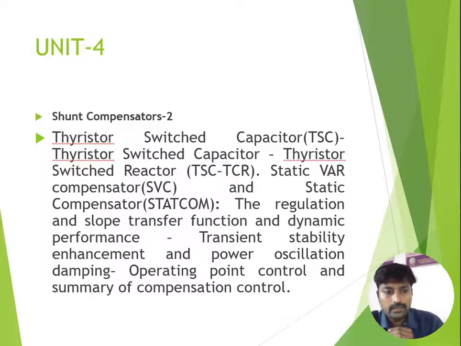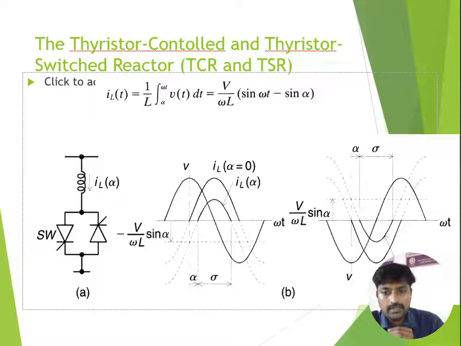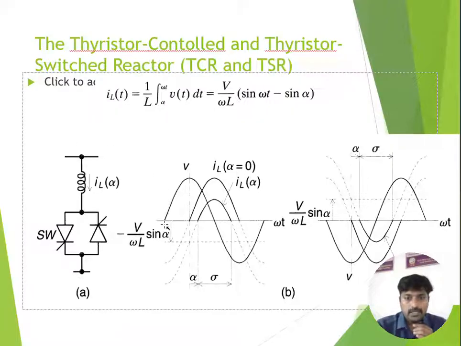You see first, elaborately, these are the thyristor controlled and thyristor switched reactors. You can clearly see that the arrangement consists of two anti-parallel thyristors connected to the inductor. So this is purely inductive. That's why the waveform representation is as you see.